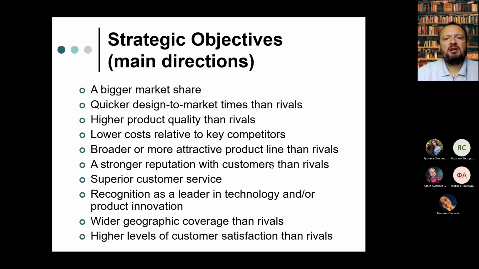Vice versa, strategic objectives and the main direction of strategic objectives are connected with non-financial indicators. So generally, all of the directions are connected with supporting competitive advantage, or they are a result of making your strategic competitive advantage more powerful.